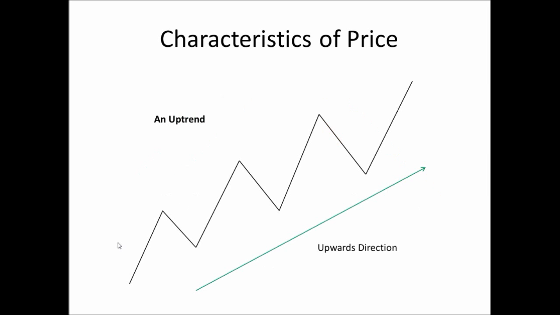You'll notice that when price moves in an upwards direction, price forms a stepping motion in financial markets, where price moves forward and back repeatedly, but moving in a general upwards direction. When price moves in a general upwards direction and creates this stepping or pyramid formation, we refer to this as an uptrend.